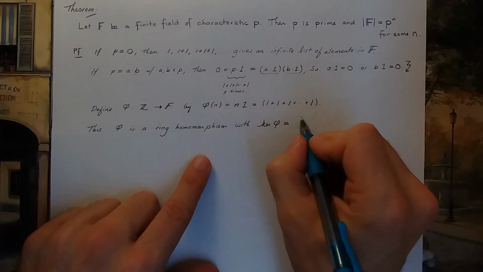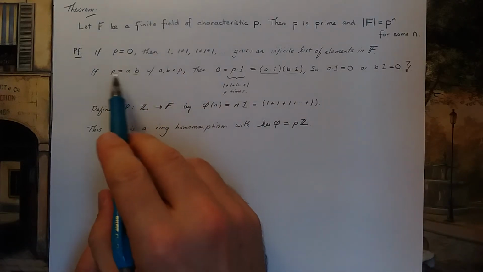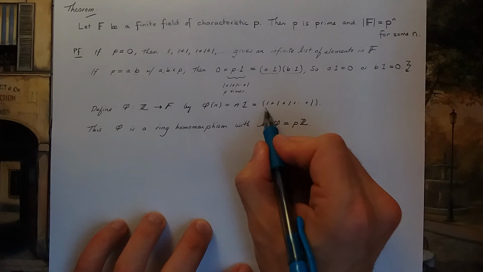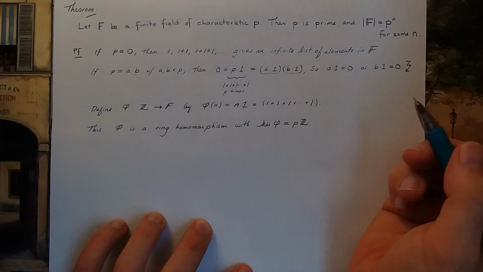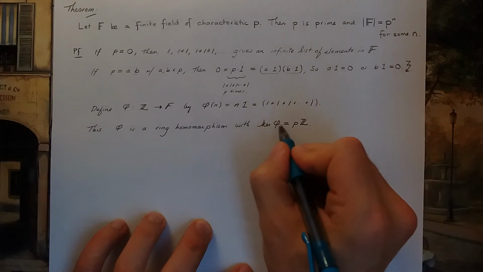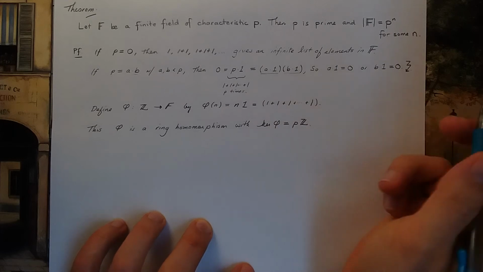given by pZ. The characteristic of the ring is p. So that means every time I add together a multiple of p 1s, I get out 0. So the kernel of phi is any multiple of the prime p.